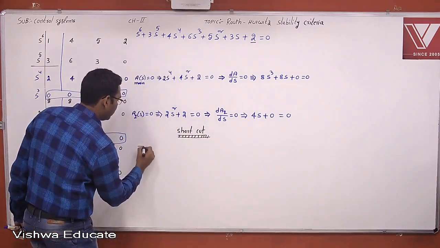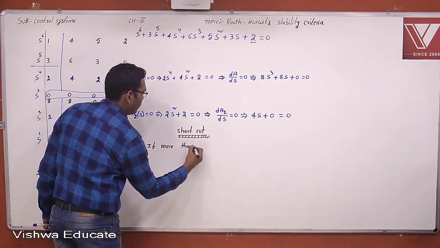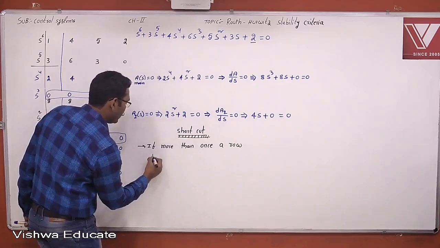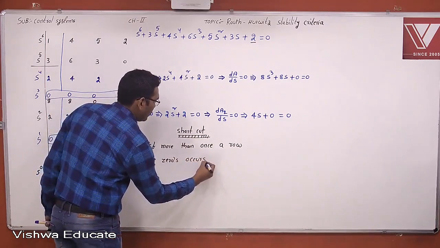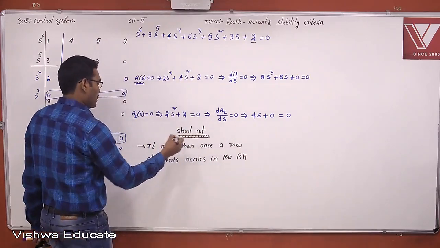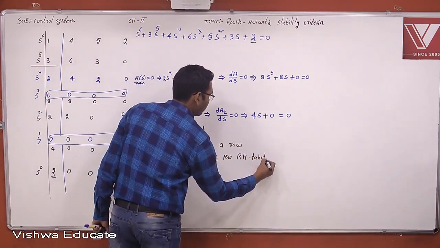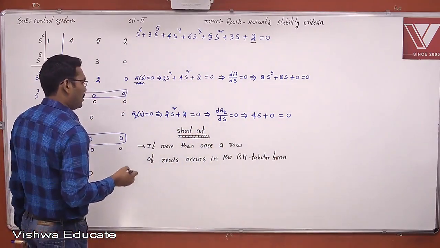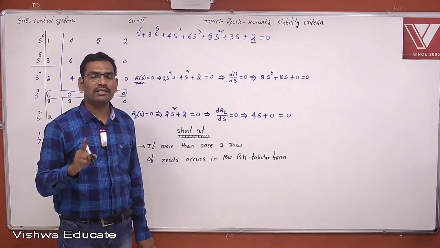If more than once a row of zeros occurs in the RH tabular form, if only one time the row of zeros occurs, you are saying the system is marginally stable.